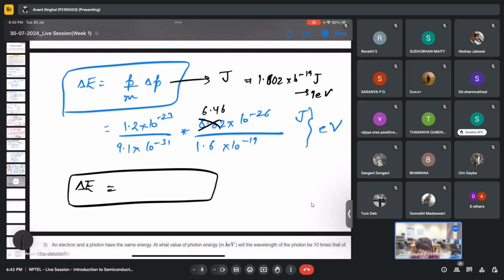So what I'm getting is around 5.3 something electron volts. Is this the case with everyone? Maybe the energy range is around 5.3 to 5.4. That is what the answer will be.